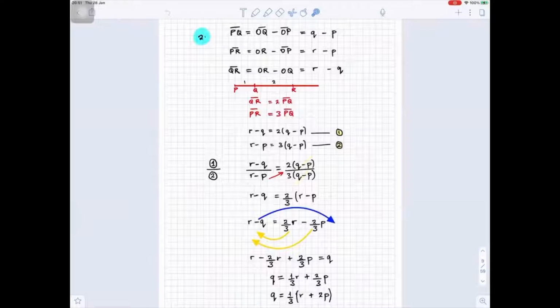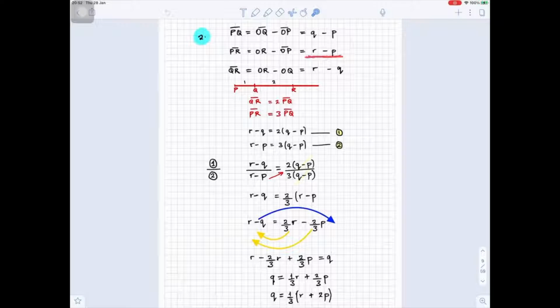So we want to find PQ. PQ is the same as OQ minus OP, the second letter minus the first one. So OQ minus OP, which is q minus p. PR is equal to OR minus OP. Remember, it's the second letter minus the first.